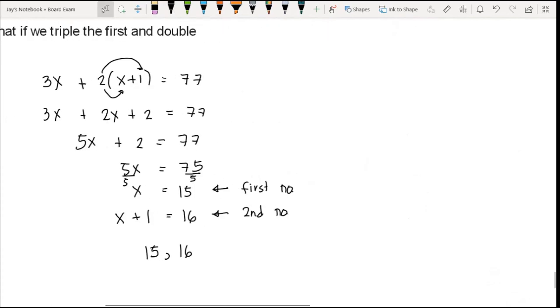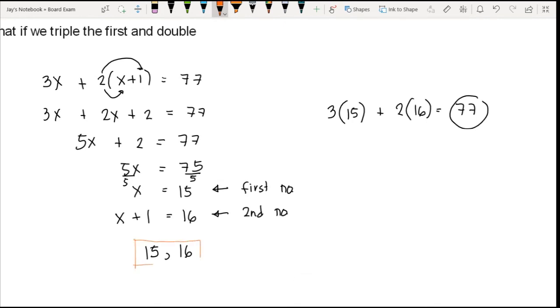Now if you try to check, it says that when we multiply the first number by 3, so if we triple the first number, and if we double the second number, our second number is 16. So we have the answer, 3 times 15 plus 2 times 16. This would give us 77. That means we have correct answers. So our answers are 15 and 16.